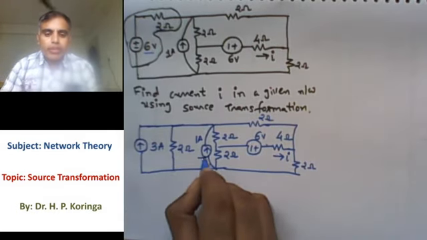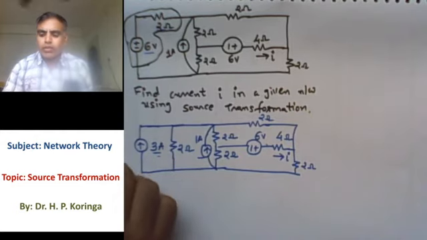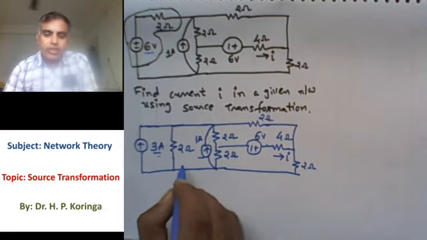So this 1 ampere and this 3 ampere are in parallel, and both current source directions are upward, so they can be replaced by a single current source.